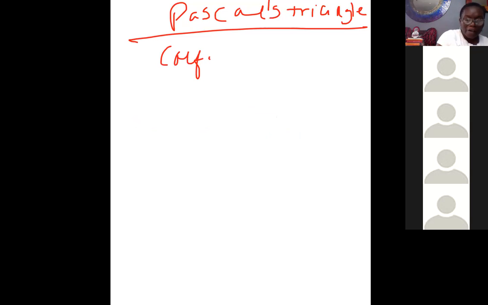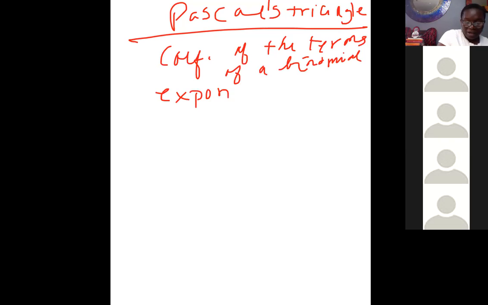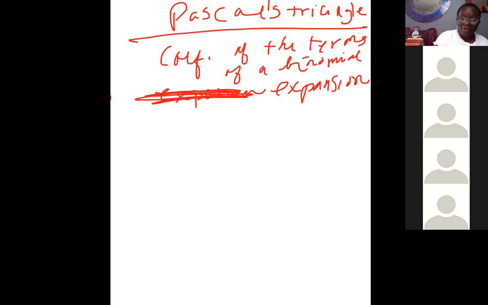Where we use this to find the coefficients of the terms of a binomial expansion. Now, guys, listen, again, I'm taking the shortcut. There's more to this, but I want to make sure I expose you today. Okay, so guys, here it is.